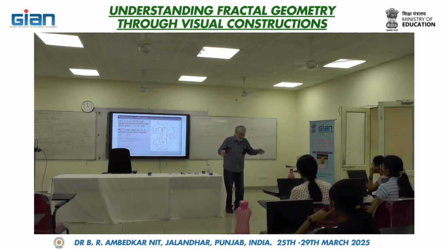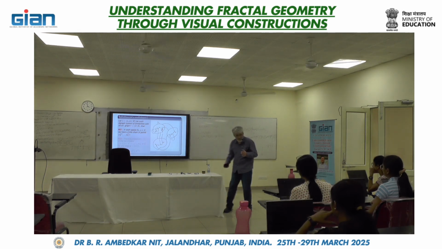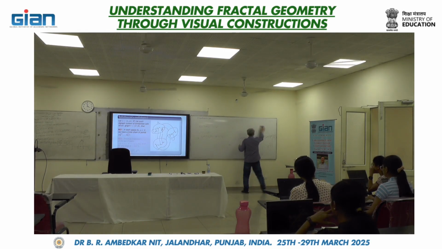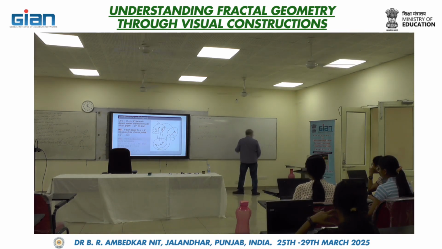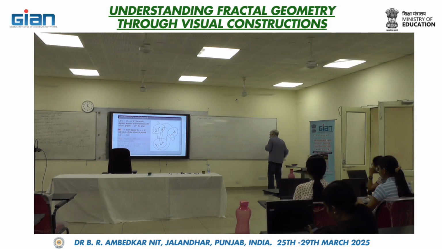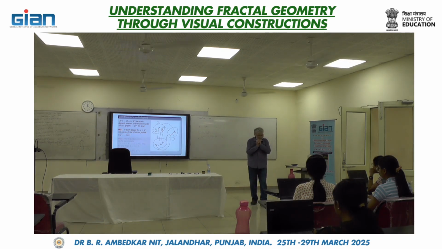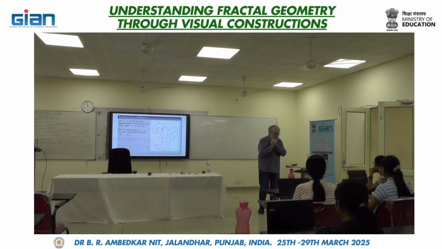So if we have a graph-directed system, we also need to formulate the open set condition for graph-directed systems. The open set condition for graph-directed systems looks the following way. But we need to define a graph-directed system first. Yes?